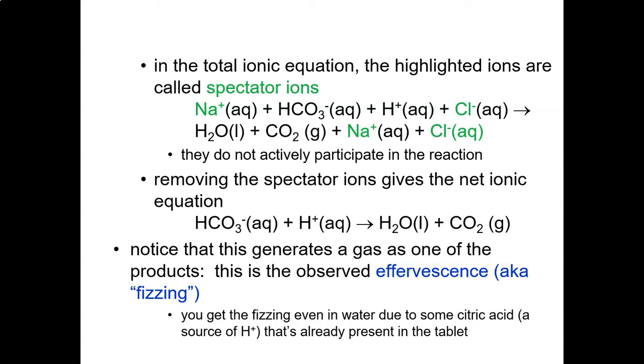In reality, when we do not have hydrochloric acid and you just dissolve the tablet in water, the tablet has some citric acid as well. So when we dissolve the whole tablet in water, the citric acid can also provide the hydrogen ion to react with the bicarbonate to produce carbon dioxide gas.